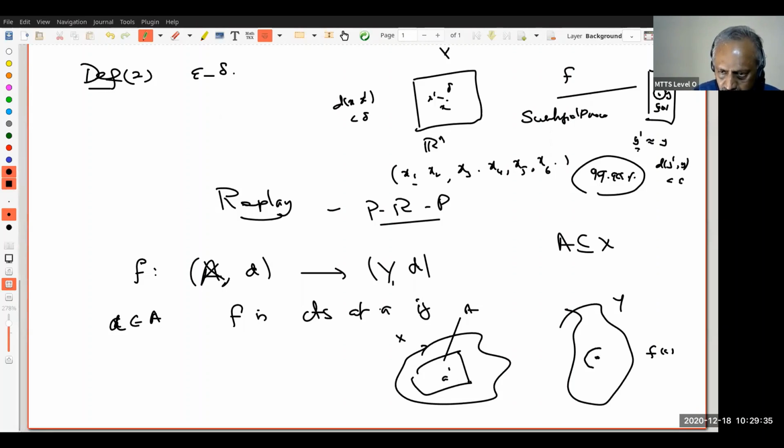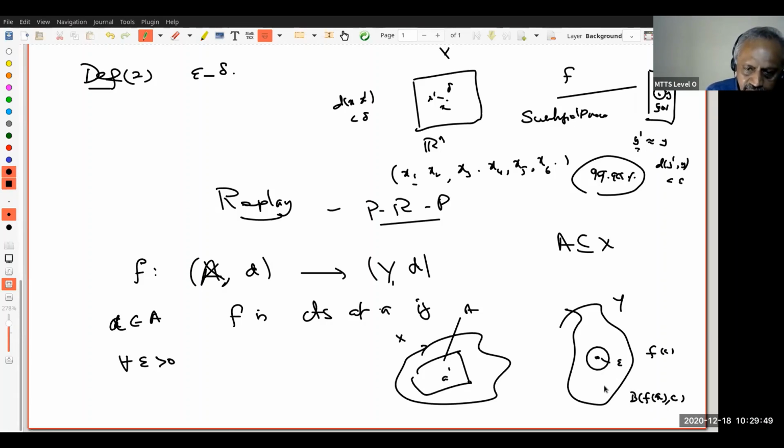So what I do is I choose an epsilon interval. For every epsilon greater than 0, I am forming an open ball of radius epsilon centered at F of a. Then I want to say there exists a delta positive such that for every x in A, the distance between x and a is less than delta.